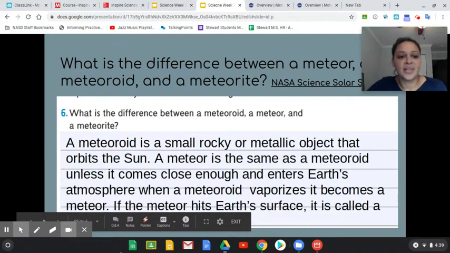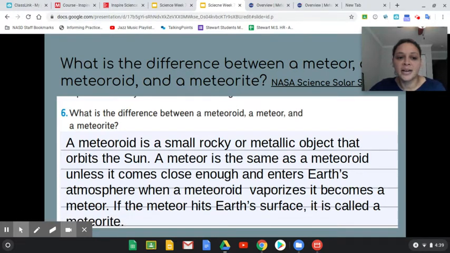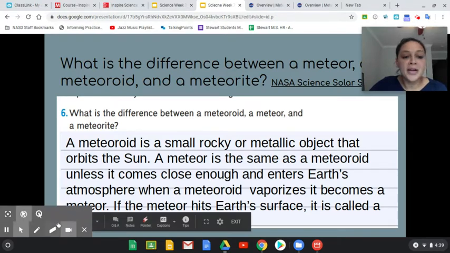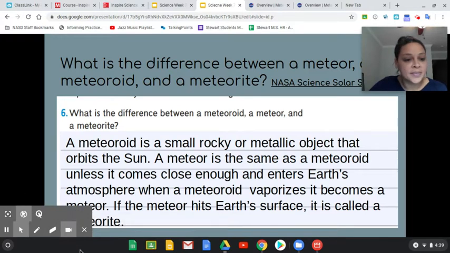Well, a meteoroid is a small rocky or metallic object that orbits the sun. A meteor is the same as a meteoroid unless it comes close enough and enters Earth's atmosphere. When a meteoroid vaporizes, it becomes a meteor. Okay, if the meteor hits Earth's surface, it is called a meteorite. So depending on its location, it gets one of those three different names.